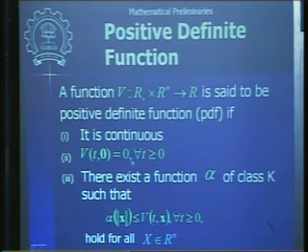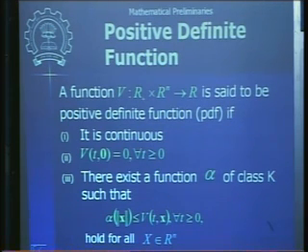for all t values. And then there exists a function alpha of class k, again the same function, which satisfies this condition. This is again the same condition, but it holds for all x belonging to Rn space. Now it is not restricted to a ball of radius r.